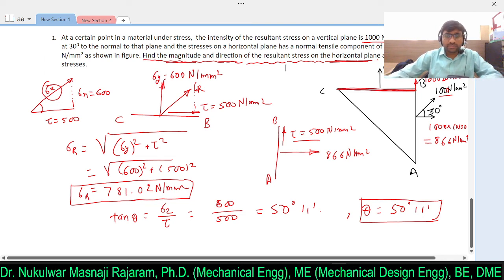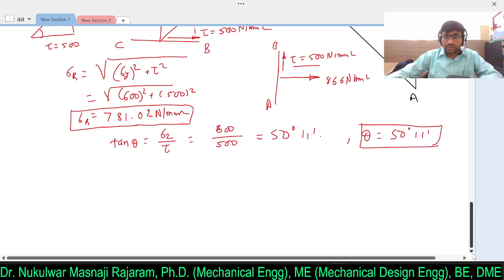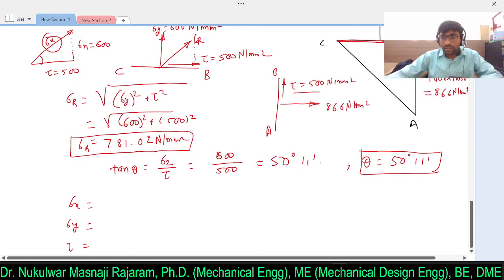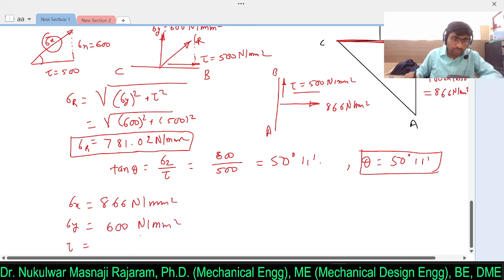So for principal stresses, we have sigma x, sigma y and tau. So sigma x is 866 Newton per mm square, sigma y is 600 Newton per mm square, and tau is 500 Newton per mm square.